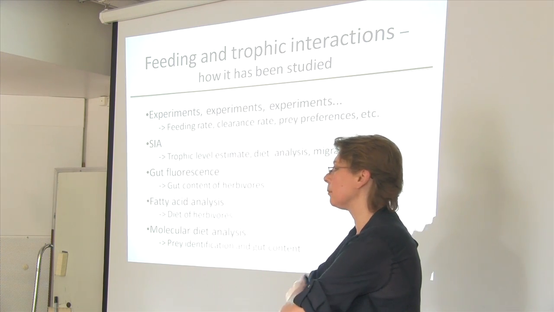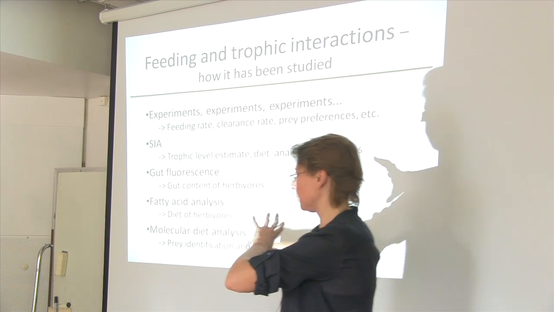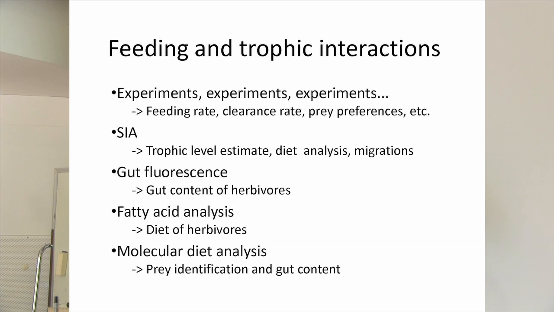Next most popular method, I was trying to put them in an order of popularity or commonness. It's very subjective, of course. Next is stable isotopes. Good because they are about the in situ conditions.